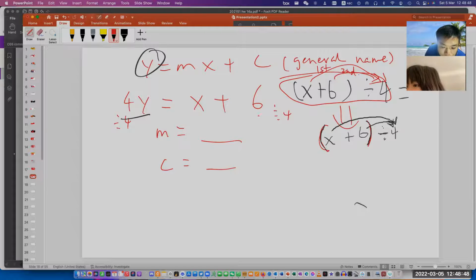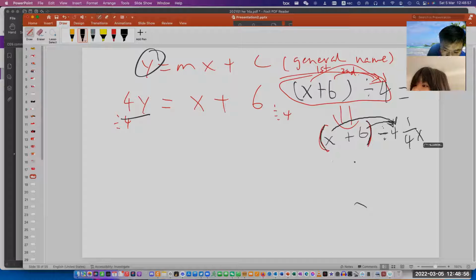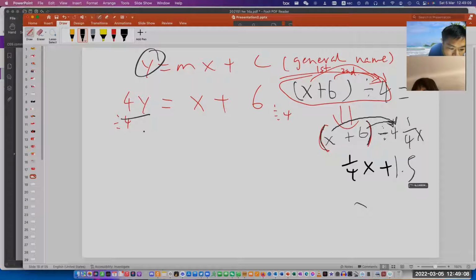First arrow is x divided by 4, which is 1/4 x. Very good. So you get 1/4 x. Next, plus 6 divided by 4. 1.5. Okay, good. So now, basically you get y equals to 1/4 x plus 1.5, right?